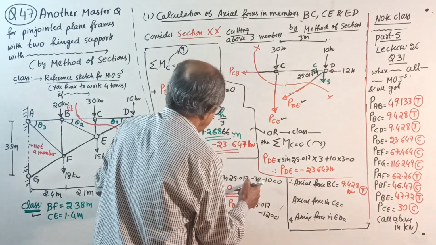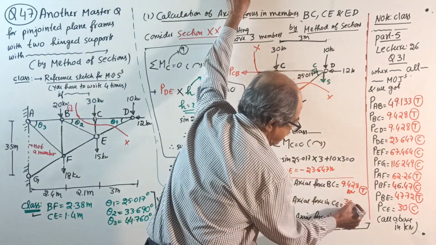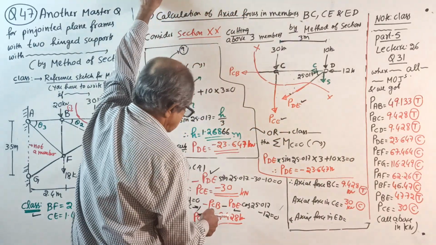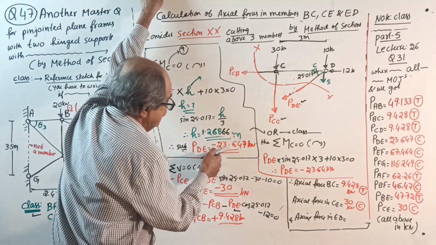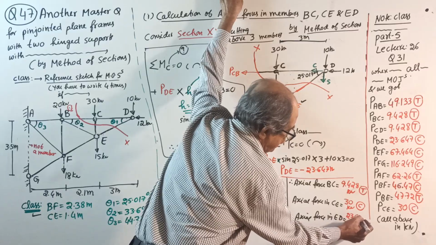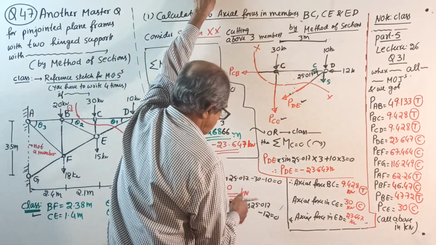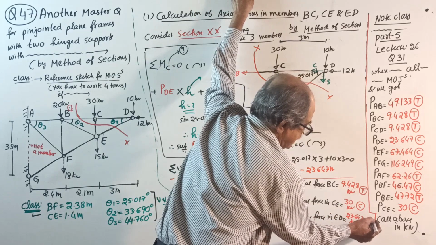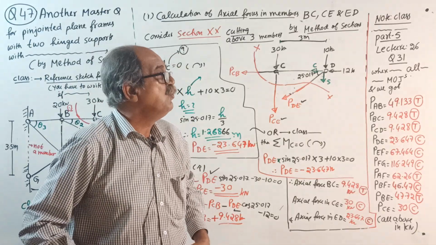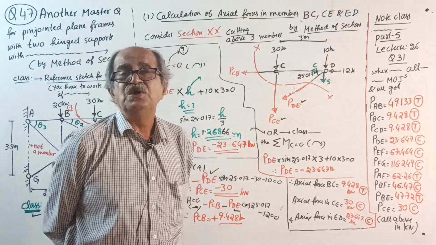Axial force in CE minus 30, so 30 kilonewton, compression. Last one is ED, 23.647 kilonewton. Nature minus came, therefore compression. Why minus is compression? When you get minus, you write the answer in compression. Why if you get plus, you write tension.